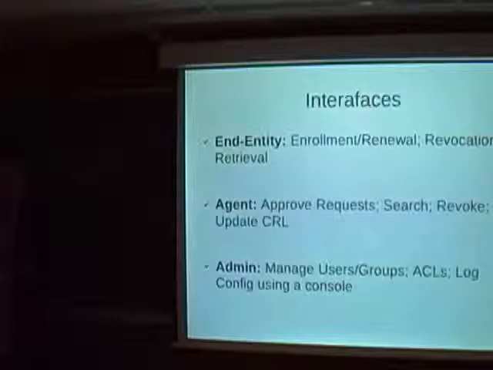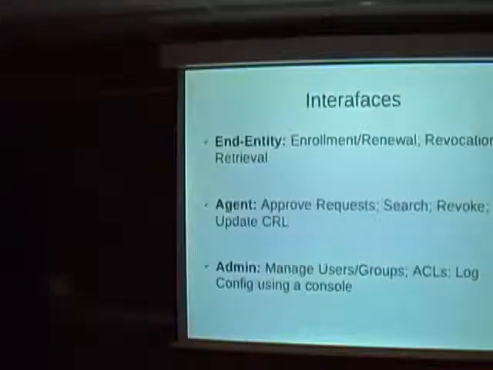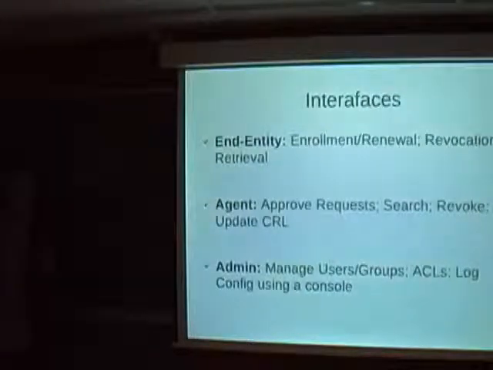And the third one is an admin interface. An admin interface can be used to configure several things like logs, SCEP, and plenty of other things. ACLs, access control lists, publishing, and OCSP settings. Plenty of things to configure via admin interface.